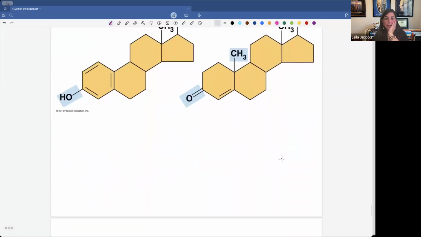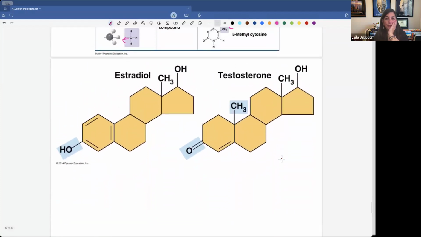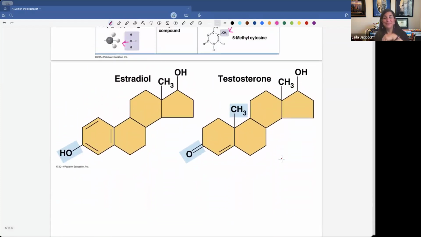All right, so here are examples of 2 hormones, estradiol and testosterone. And look at these 2 hormones. Look at that. This will show you how functional groups really have an impact on the molecule overall. So these molecules are made of carbon, hydrogen, carbon, hydrogen.